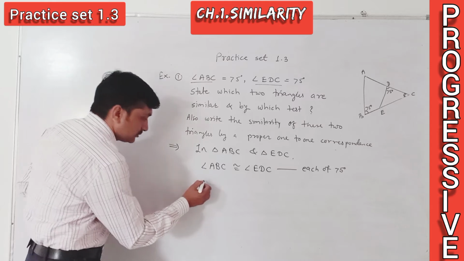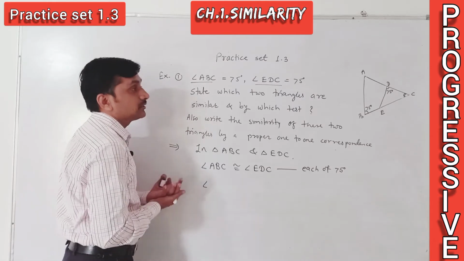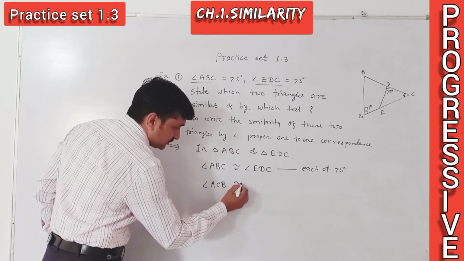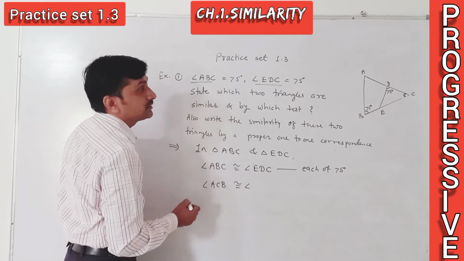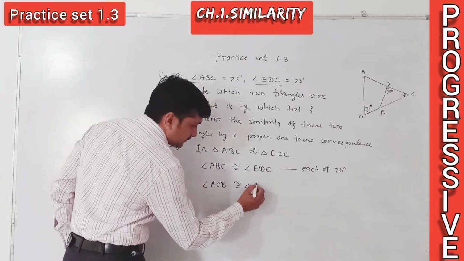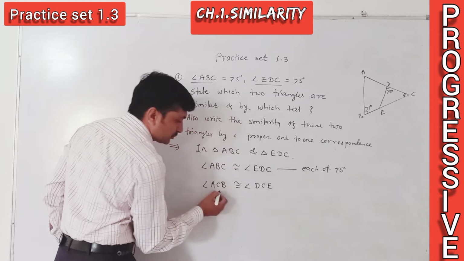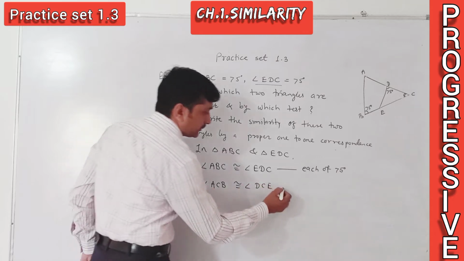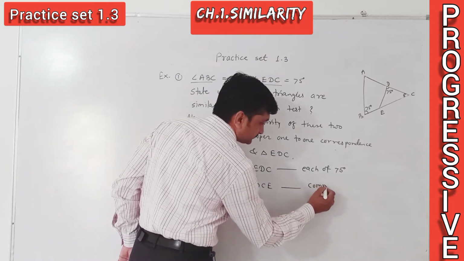Therefore, the second angle we got is angle ACB, which is congruent with angle DCE. C should come in the middle because that is common. And the reason here: common angle.